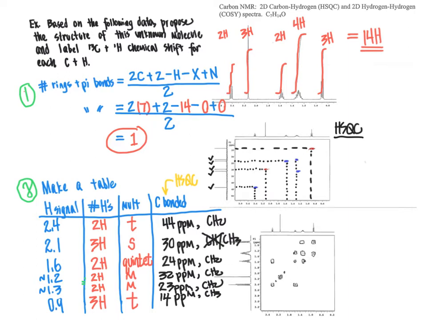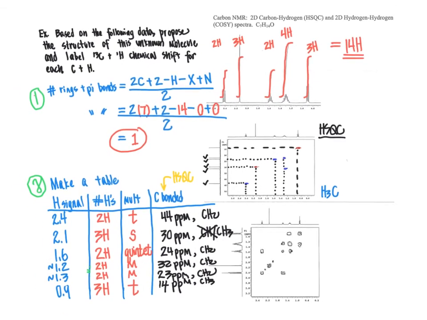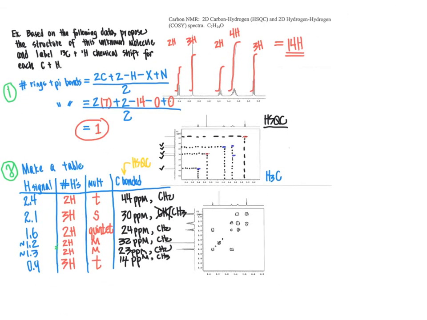So let's say we have, scribbling over here, a CH3 group. Hypothetically, that is our CH3 group that's at 0.9 ppm as a triplet that integrates to 3, and it's bonded to a carbon that is at 14 ppm.